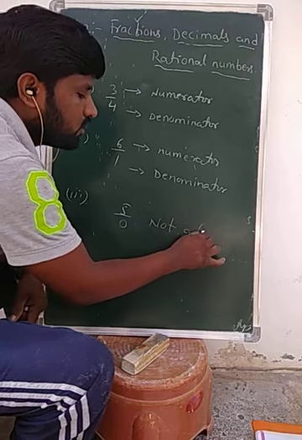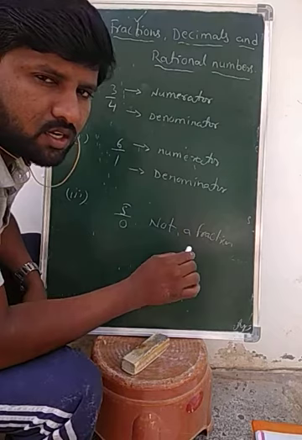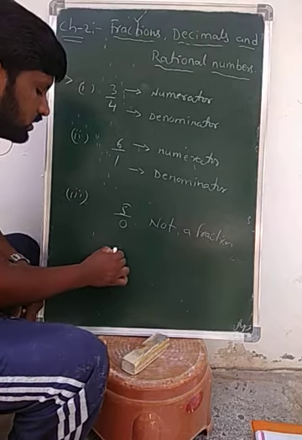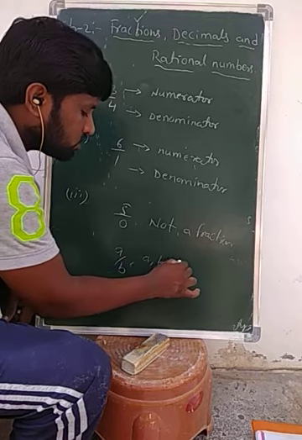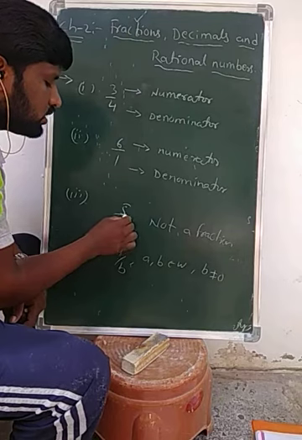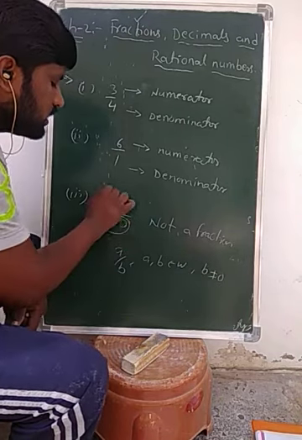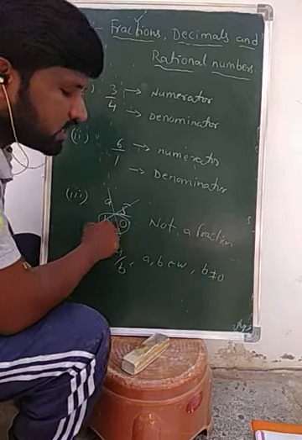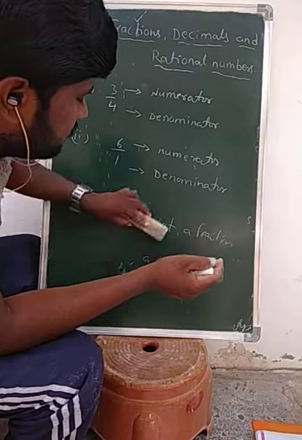Why is it not a fraction? According to the definition, a fraction is in the form a by b, a, b belong to whole numbers, b is not equal to 0. That is, in the b place it should not be 0. That's why 5 by 0 is not a fraction. It is meaningless also.